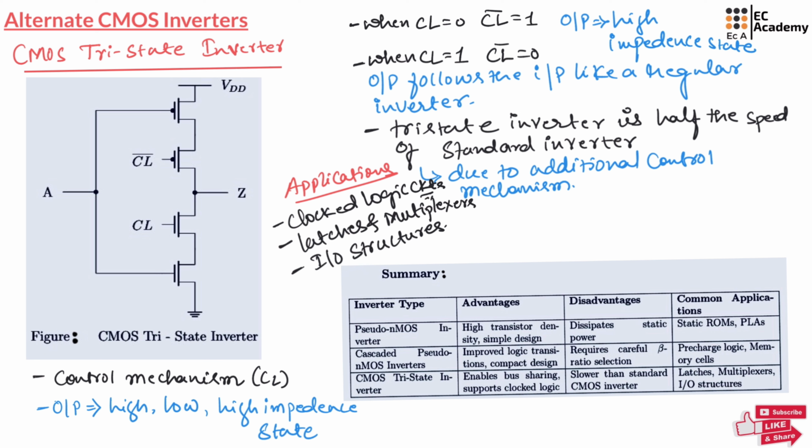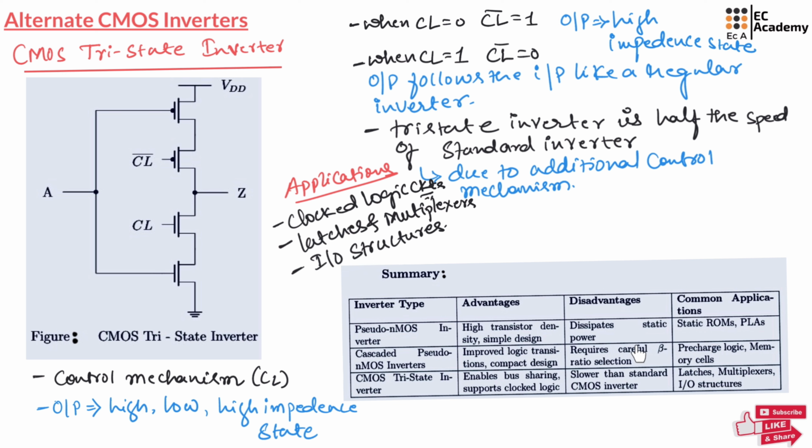So finally, looking at the summary, the pseudo-nMOS inverter offers high transistor density and simple design, but it dissipates power. So they are commonly used in ROM and PLAs where they are used as memory. The Cascade Pseudo-nMOS Inverter improves the logic transition and it has a compact design, but it requires careful beta ratio selection.